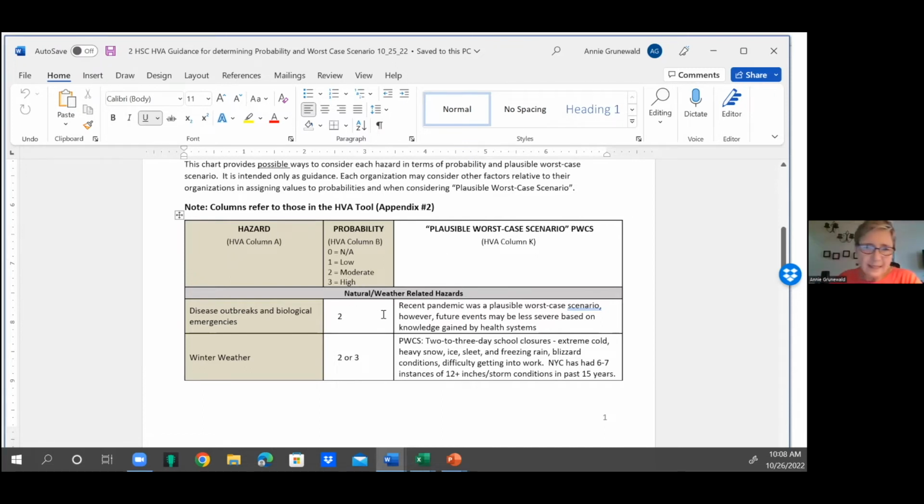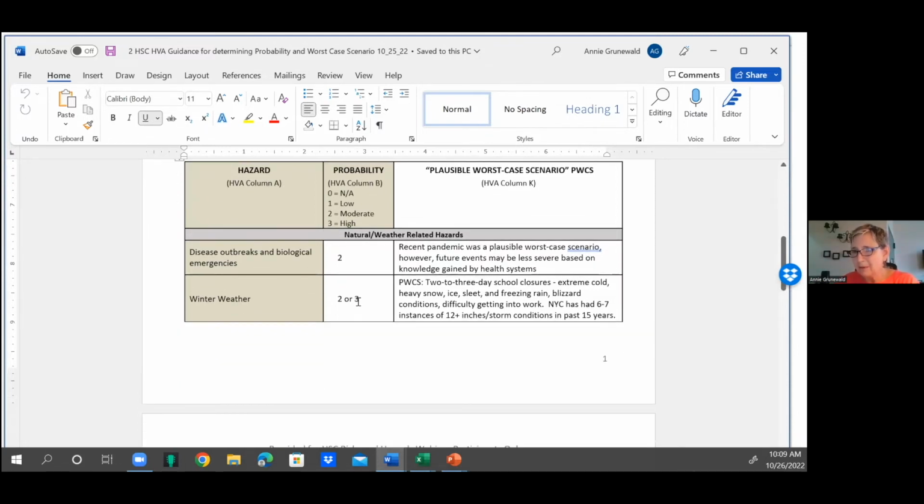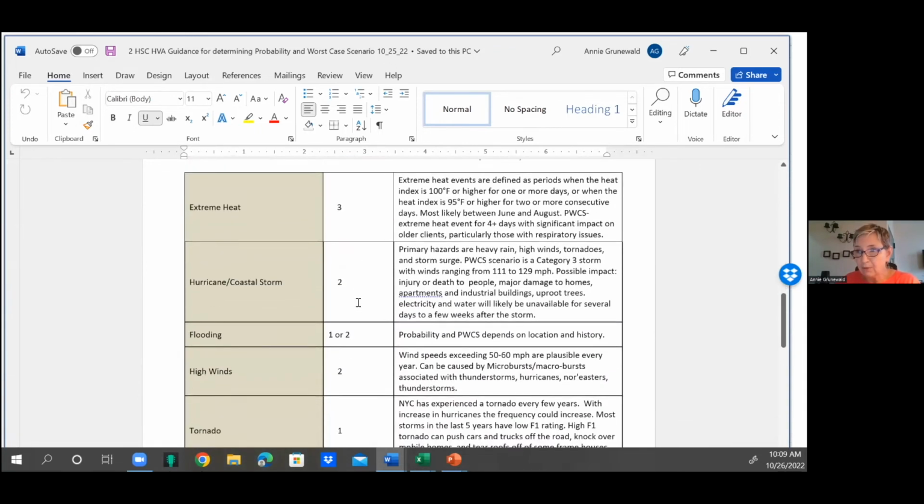And what we know is that in many cases, the probability of a hazard happening is really going to be the same, like for hurricanes or tornadoes or a wind event, the same for all the five boroughs. So that's why we thought we could pre-populate some of these probabilities for you.